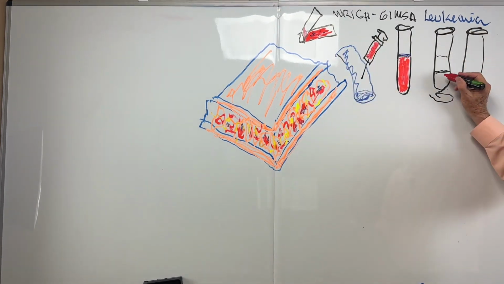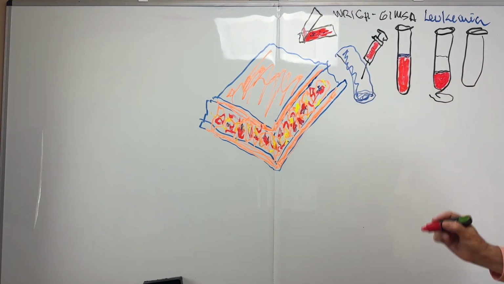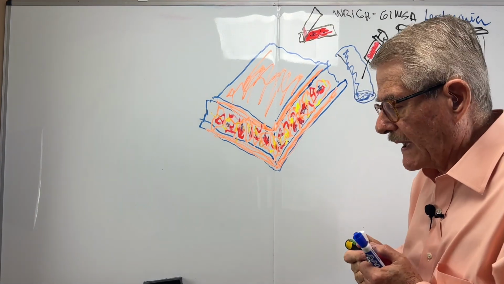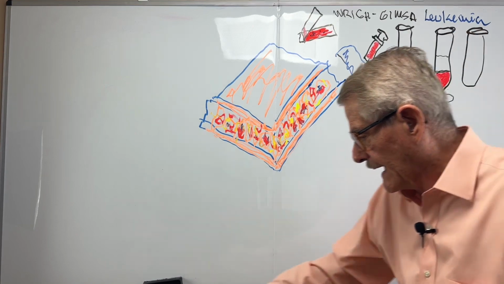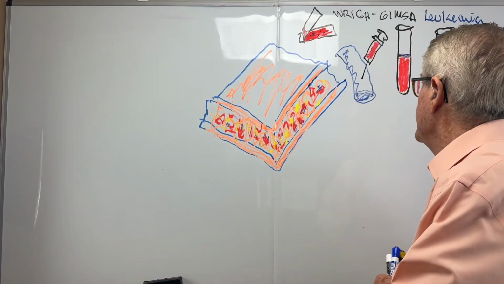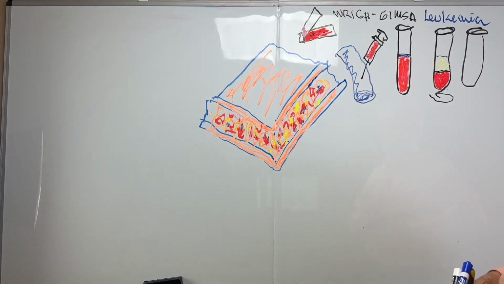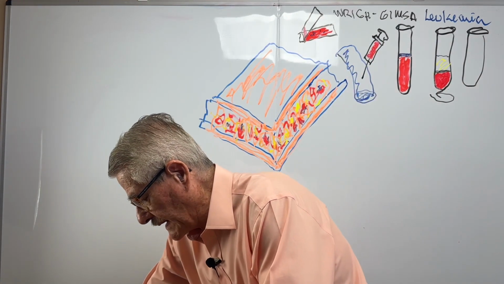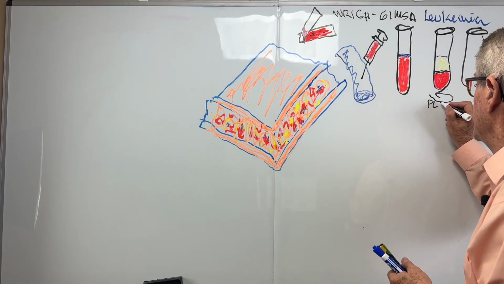In other words, we find out that the largest amount that we have in the blood is water with proteins and salts and many hormones and many substances. And this fluid, which is kind of yellowish, is called plasma. We'll call it right here plasma.